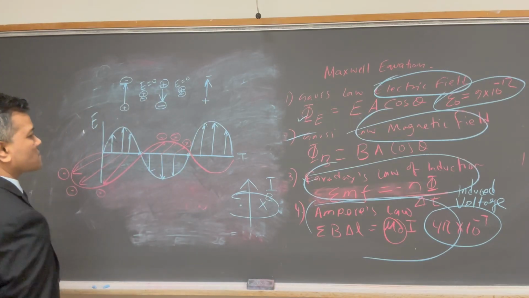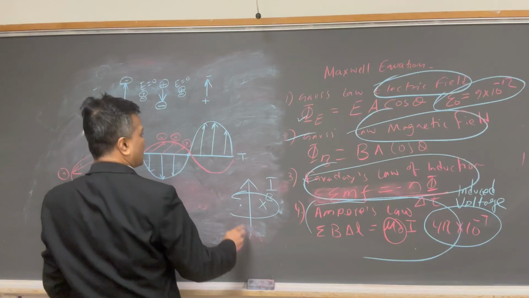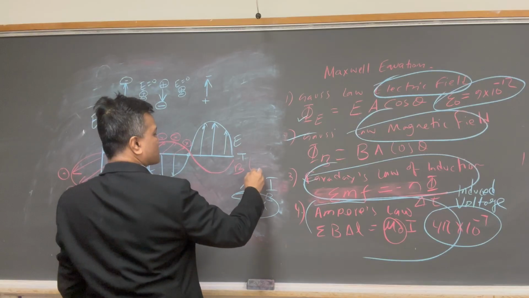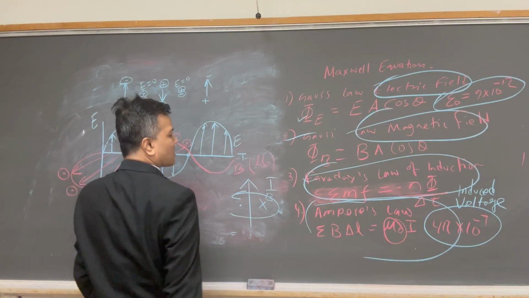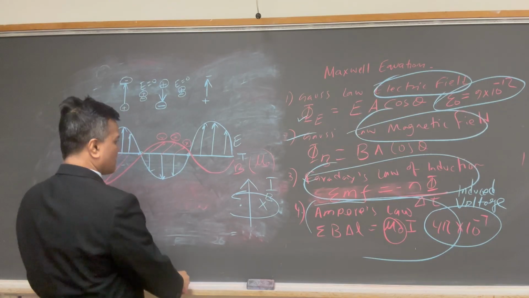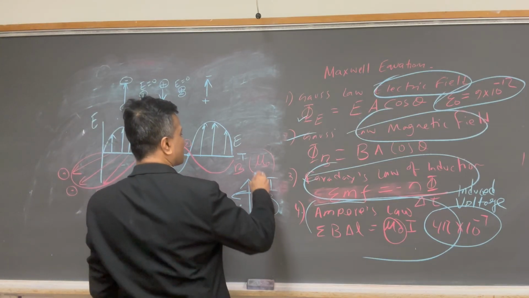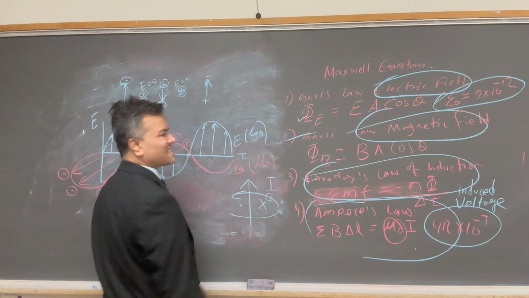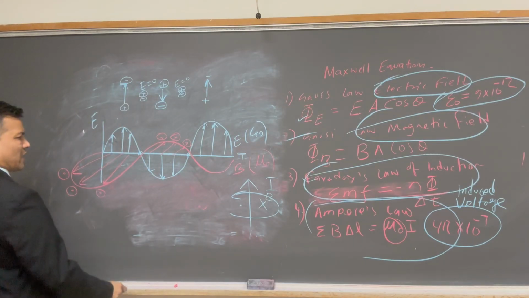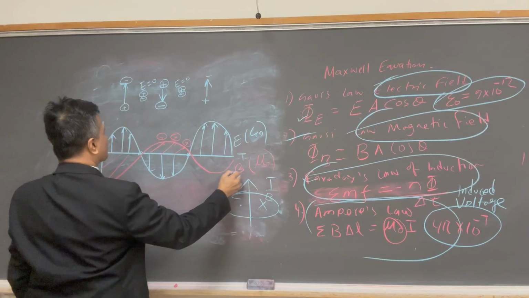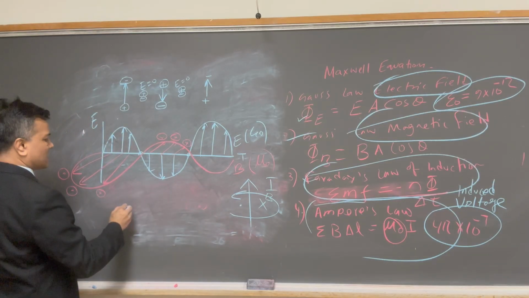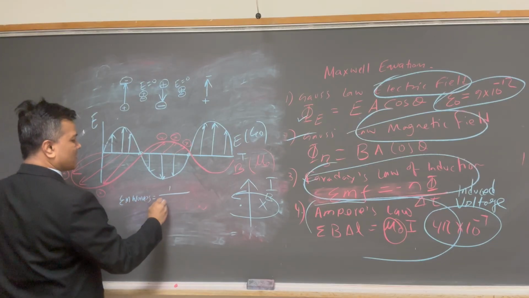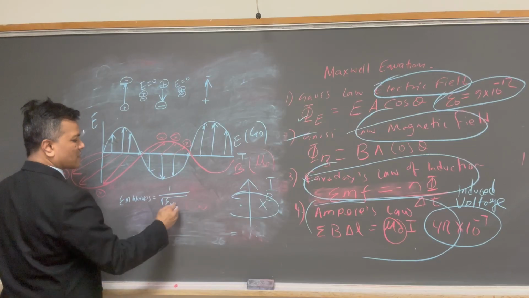Now the blue one is the electric field. The red one is the magnetic field. The magnetic field is associated with permeability. The electric field is associated with permittivity. Okay, and this is called EM waves. So when you put them together, EM waves, you get 1 over the square root of epsilon and mu.